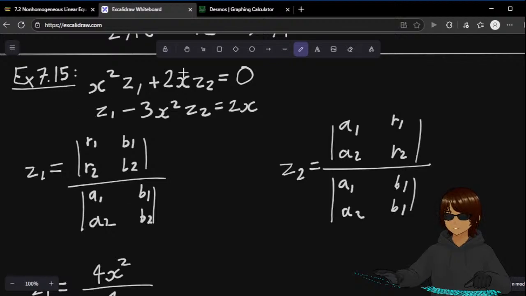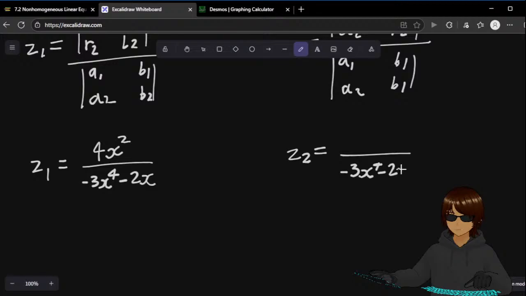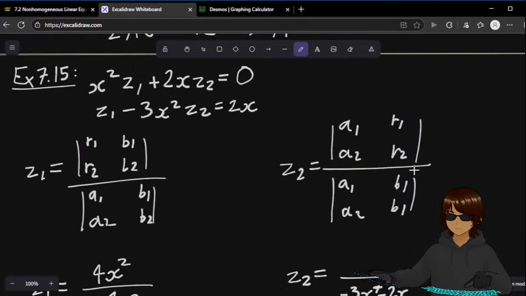So A2 B1, which is just 2x. So the numerator of this is A1 R2, 2x cube.